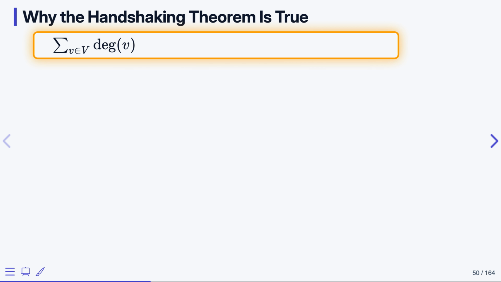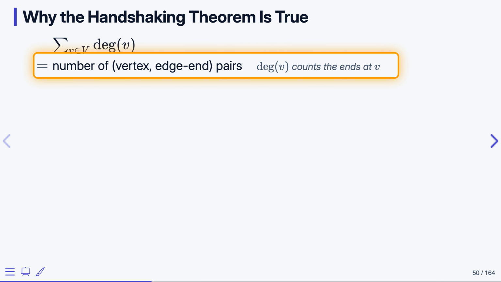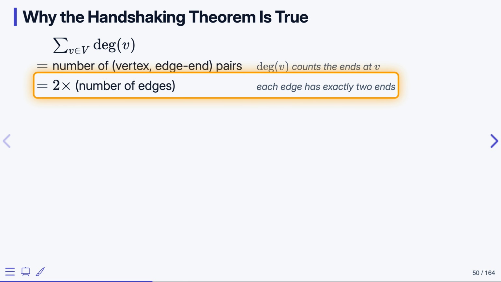Let's prove it in 3 steps. Line 1 is the thing we want to understand, the sum of all the degrees. Step 1. What does the degree of v actually count? It counts the edge ends sitting at v, so adding the degrees over all vertices counts every edge end in the graph, exactly once. Step 2.